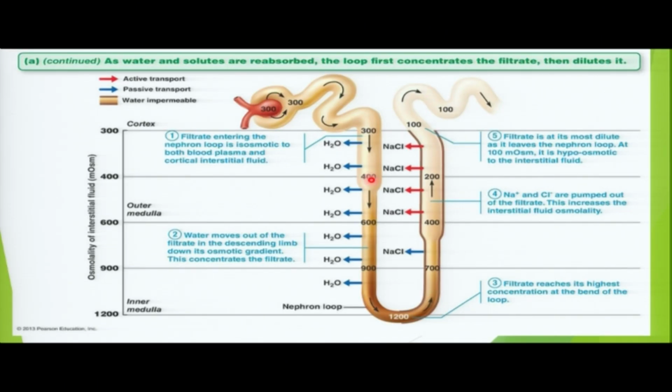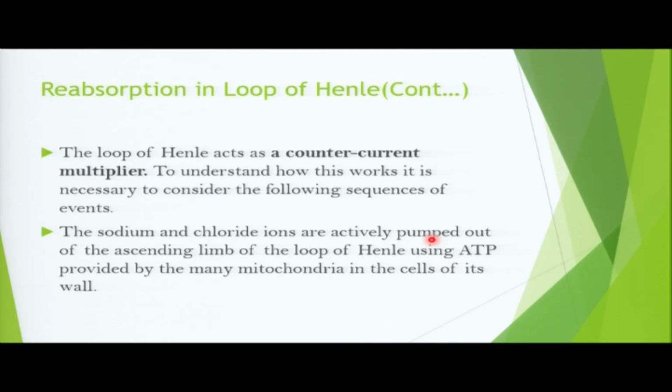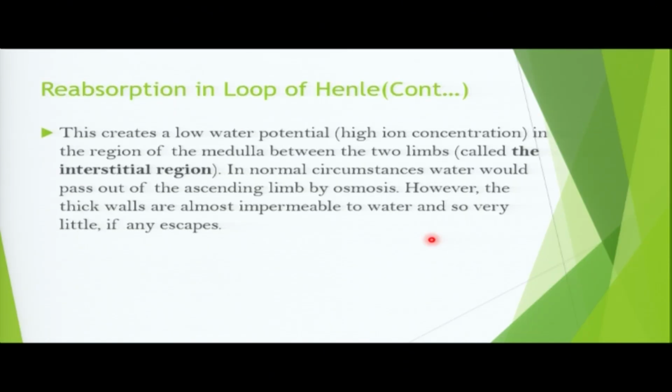That's why we have 400. If water continues to be removed, the concentration of solute will also increase. Water is removed here. This is the descending limb. Then here, salts are going to be removed. Are you getting this? This is now the loop of Henry. How is it working? Then the remaining has to pass to the distal convoluted tubule.